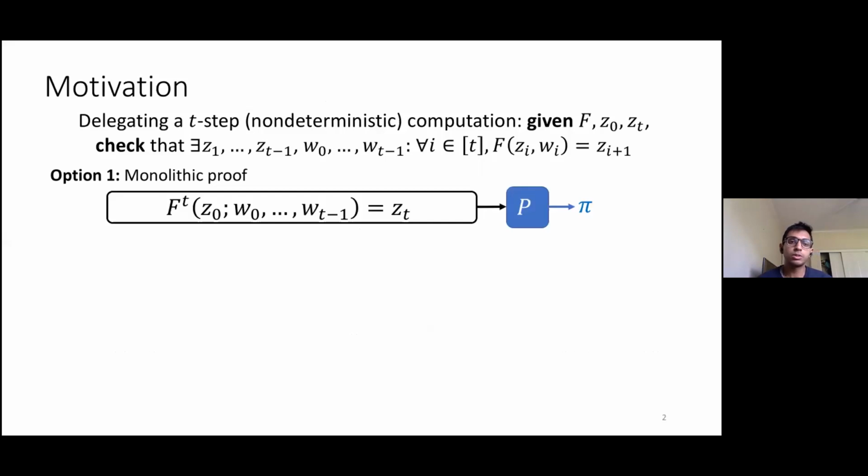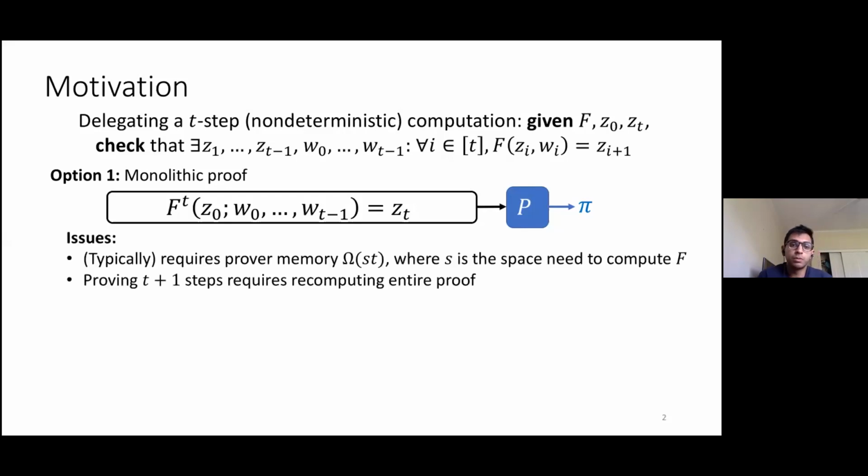Okay, so there are multiple ways to do this. Perhaps the simplest way is a monolithic proof, where I just produce a single proof for the computation, which is f applied t times on z0 with w0 through wt minus 1 as witnesses. And what I check is that f applied t times gives zt. So I prove this and I get one small proof.